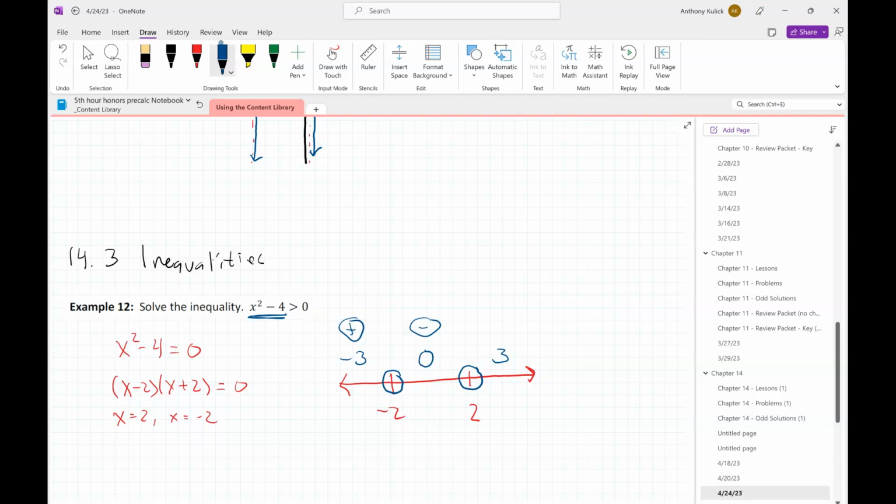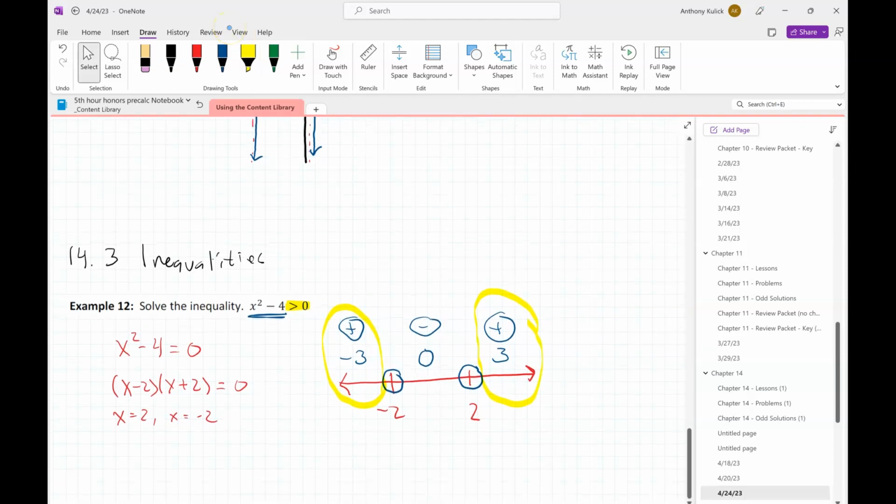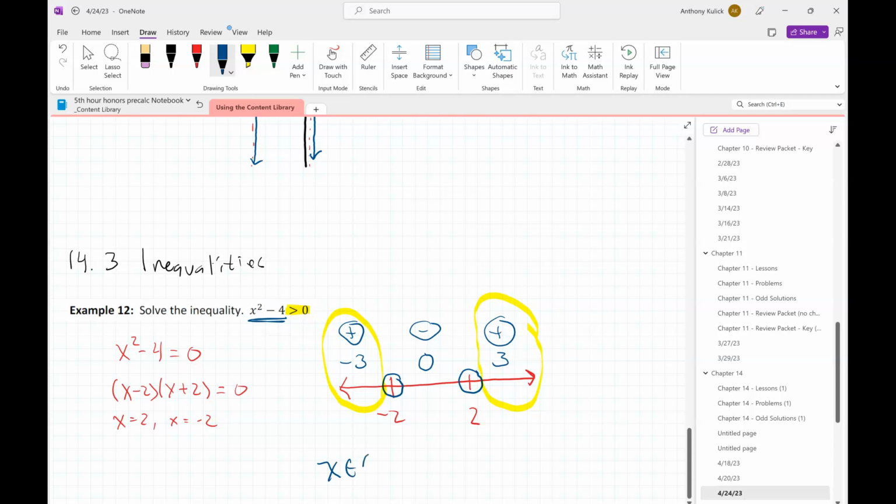If I do 3 squared minus 4, I get positive. So since I have greater than or equal to 0, I care about this section and this section. So my answer would be anything from -∞ to -2, or anything from +2 to +∞.